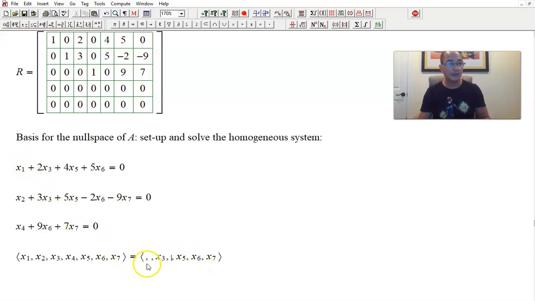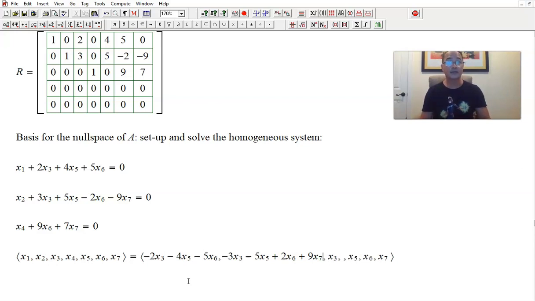Solve for x1. It is negative 2x3 minus 4x5 minus 5x6. Solve for x2. Negative 3x3 minus 5x5 plus 2x6 plus 9x7.